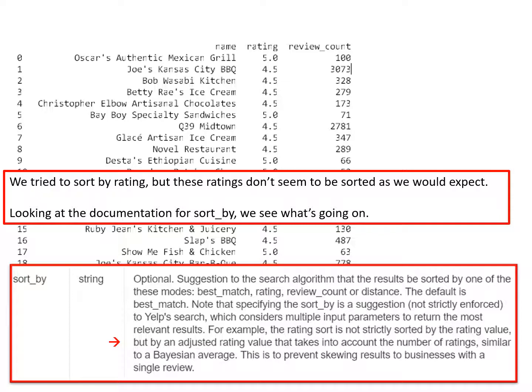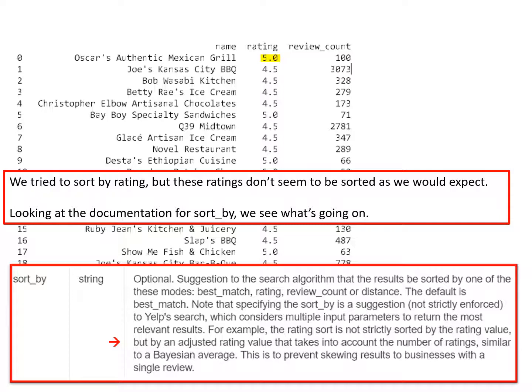Now, if you remember that URL, we had sort by rating. And so you would think then that these ratings should be in order. If you look under the ratings here, you see that it starts with a 5. In terms of Yelp, if we're sorting by rating, we're usually wanting the highest rating first and going on down.